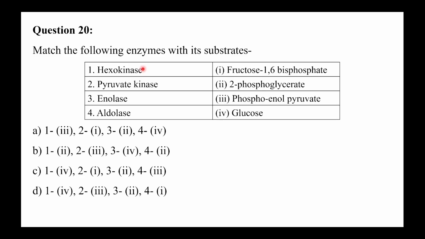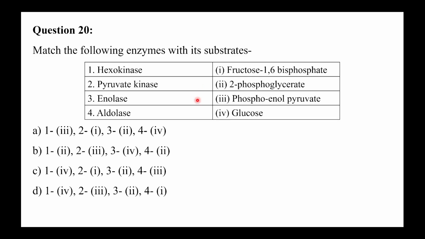Let's see. So hexokinase is the first enzyme in the pathway. So substrate for hexokinase is glucose. So 1 is 4. We have two options. Then pyruvate kinase is the last enzyme in the pathway, and the substrate for pyruvate kinase is phosphoenol pyruvate.